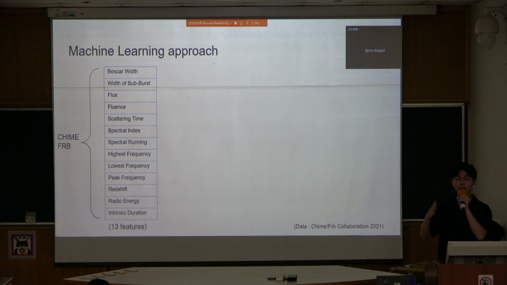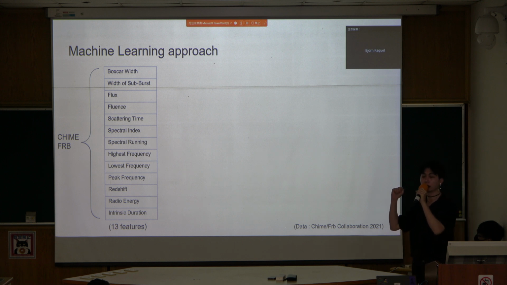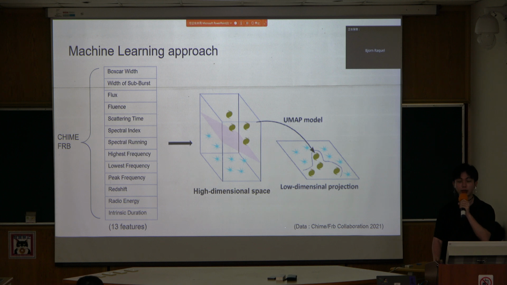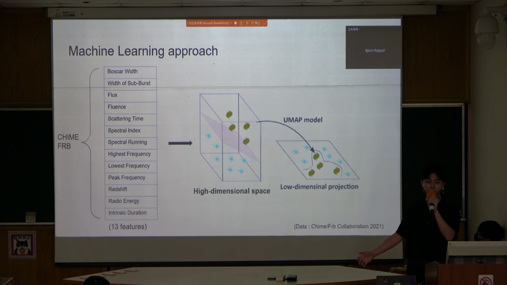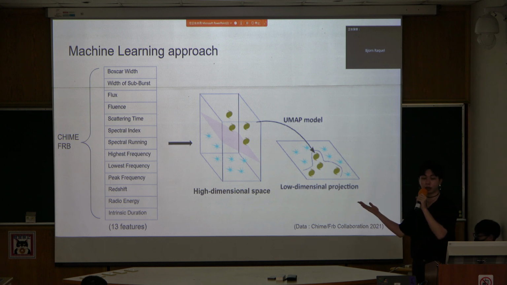We can equate this mathematically to 500 points in a certain dimensional space. Okay. Points in high dimensional space. Each point is an FRB sample. Then, with the unsupervised machine learning model UMAP, we project this onto a 2D plane, just like what Jasper had just expressed.